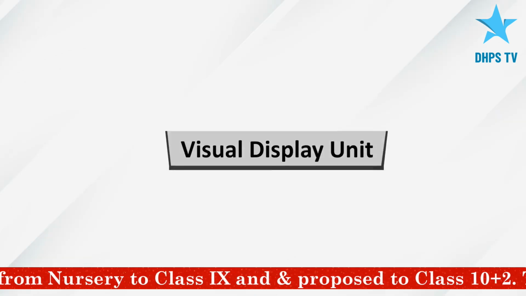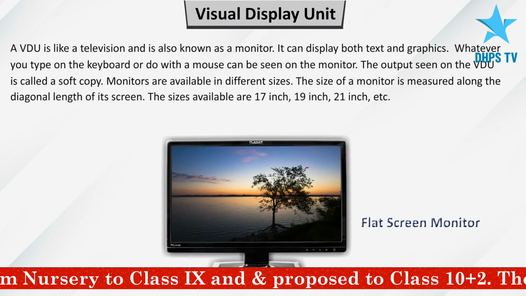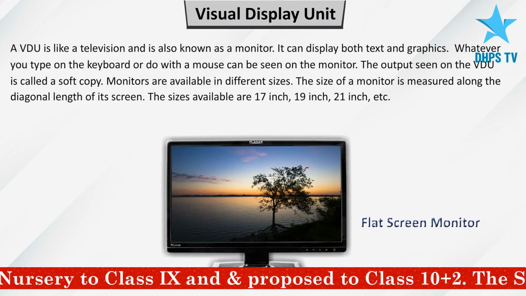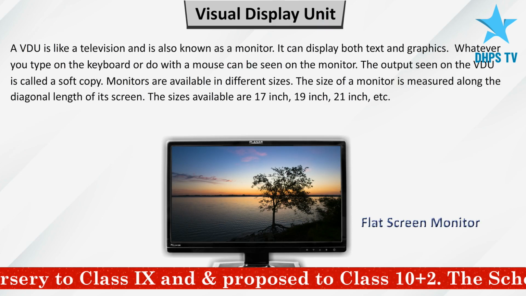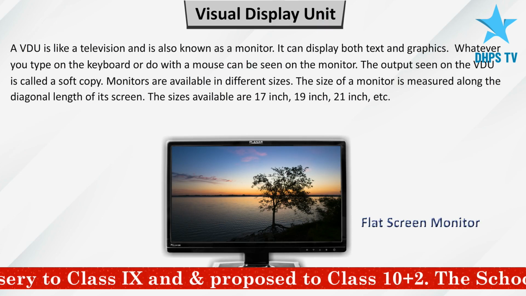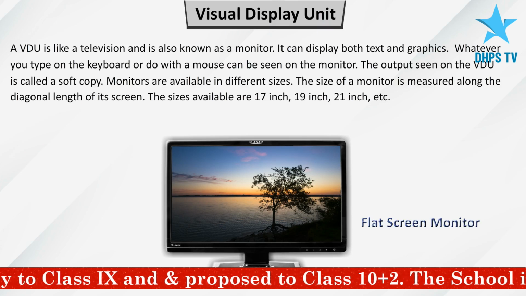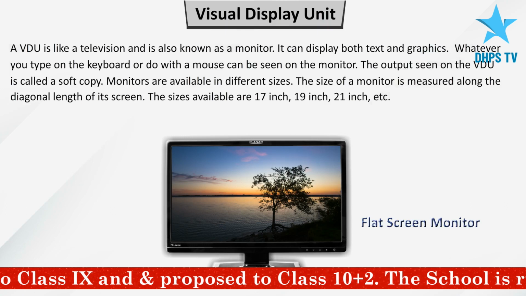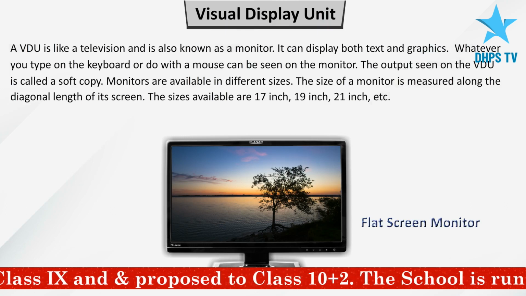Visual Display Unit. A VDU is like a television and is also known as monitor. It can display both text and graphics. Whatever you type on the keyboard or do with a mouse can be seen on the monitor. The output seen on the VDU is called a soft copy.